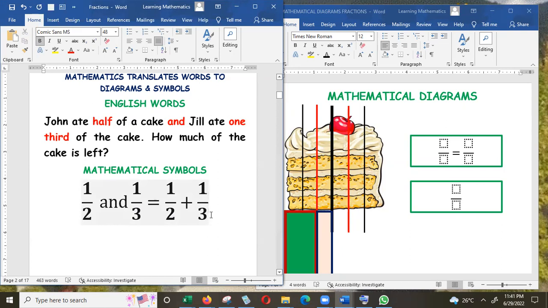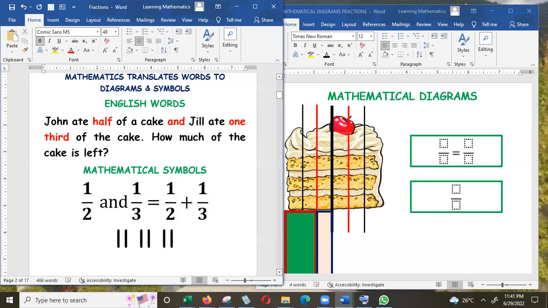Now we need a value such that in it we can get groups of 2 and we can also get groups of 3. Okay, because we're talking about 1/2 and 1/3. So we want at least 3 groups of 2 and 2 groups of 3. So 3 groups of 2 would be 1 group of 2, 2 groups of 2, 3 groups of 2.